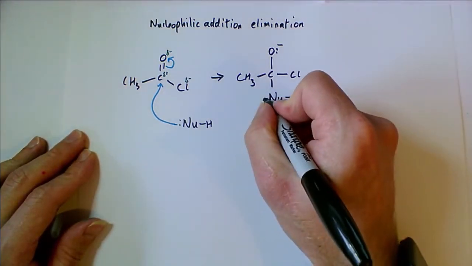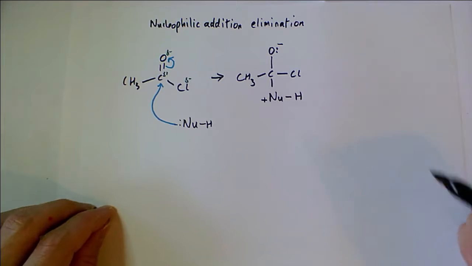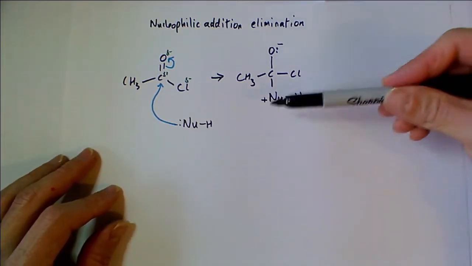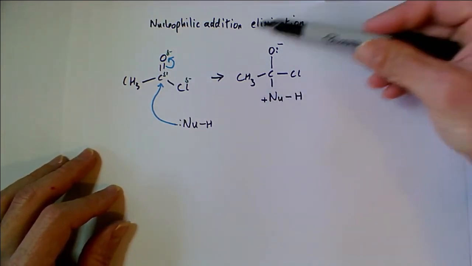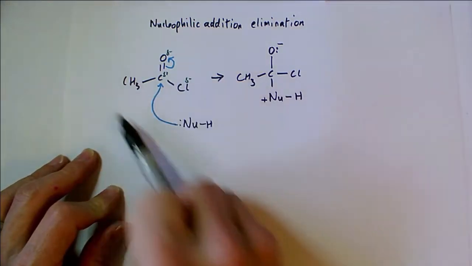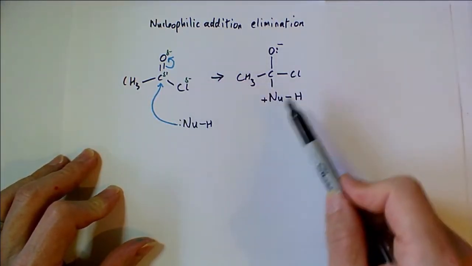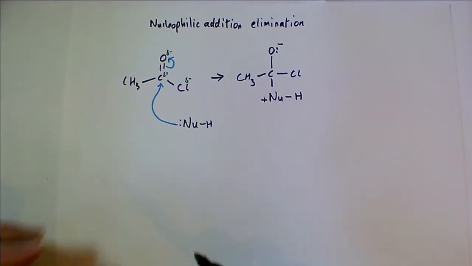So our nucleophile now has a positive charge. We've got negative charge at the top, positive charge at the bottom, so overall there is no charge, just like before, when there was overall no charge over here in our reactants. So in this intermediate, there's no overall charge.